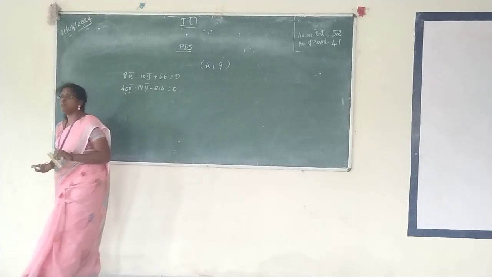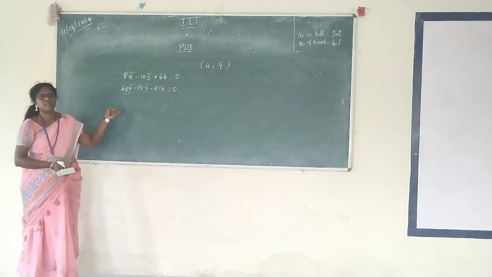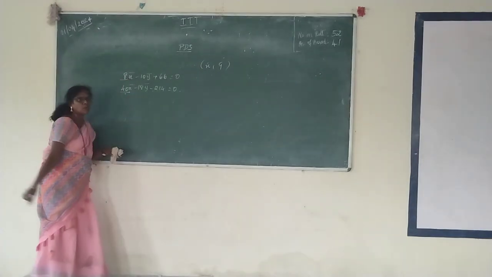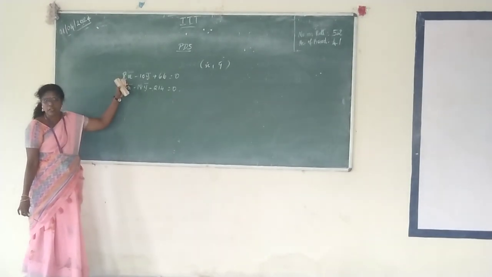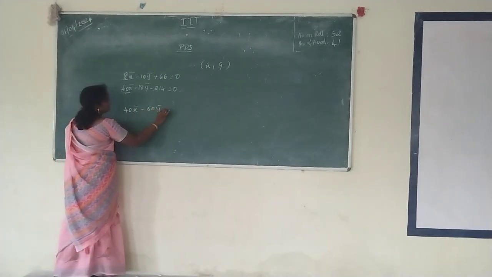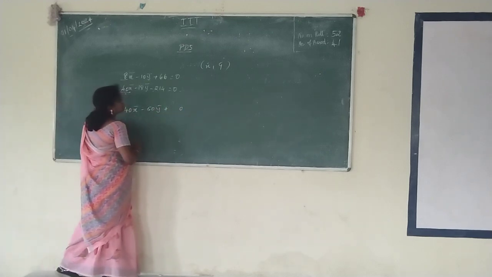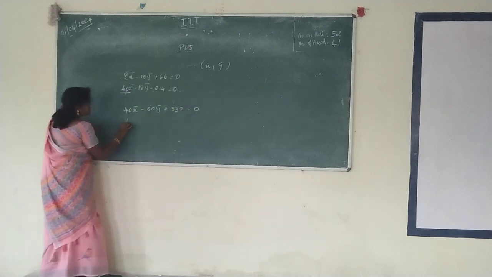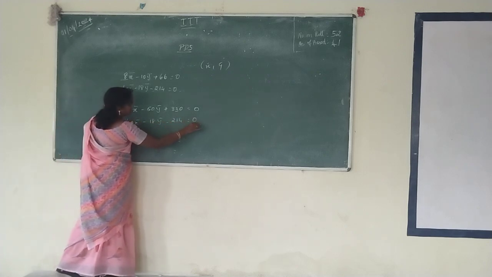You want to eliminate x or y? Which will you eliminate? X. We want to eliminate x; here it is 40 and here it is 8. So multiply the first one by 5. It becomes 40 x bar minus 50 y bar plus 66 into 5, equal to 0. The second equation as it is: 40 x bar minus 18 y bar minus 214 equal to 0.